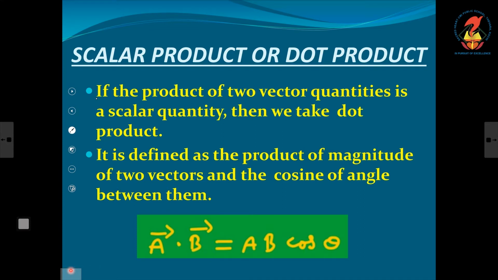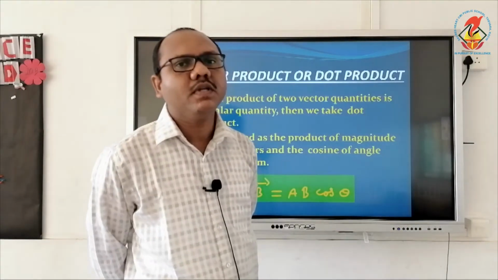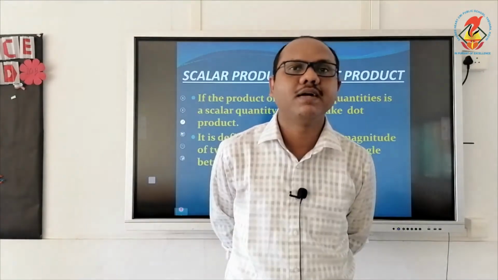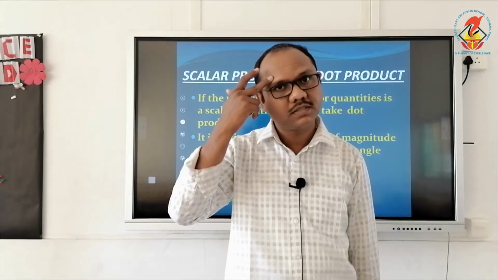If the product of two vector quantities is a scalar quantity, then we take dot product. For example, you know work. You have learned in 9th standard that work is the product of force and displacement.